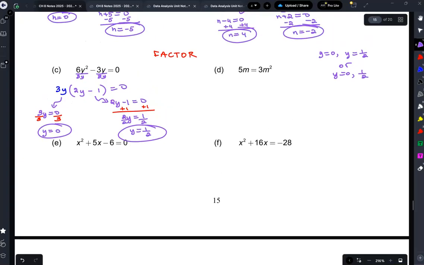Okay, now this one. The issue here is the following. You have something equal to something. Remember, we need to have everything equal to 0, right? So if I want it to be equal to 0, I want to bring everything to the same side. So I'm going to subtract 3m squared first.